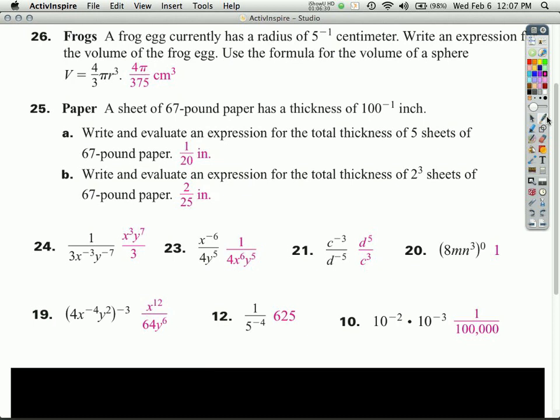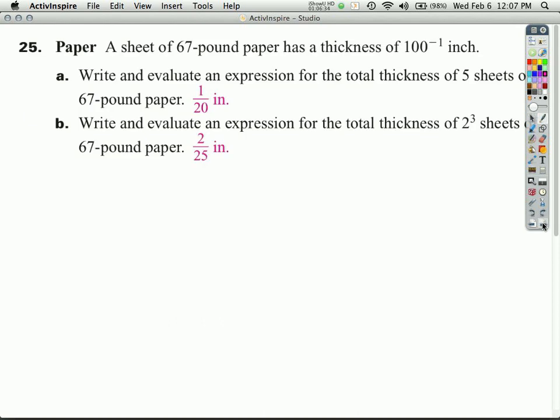Okay, number 25 is confusing because of the size of the numbers, and in this case, it's because the numbers are so small. So let's change the situation, okay? Let's say textbooks. If I said that this textbook is 2 inches thick, I want you to forget about this question.